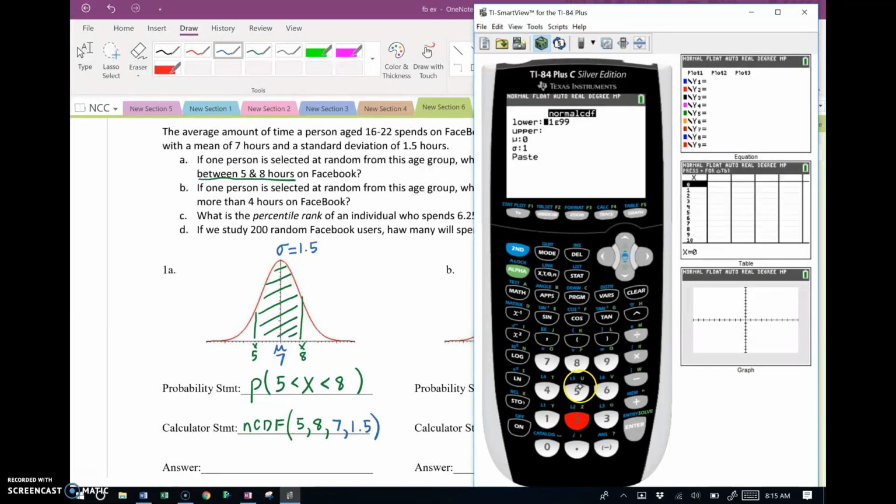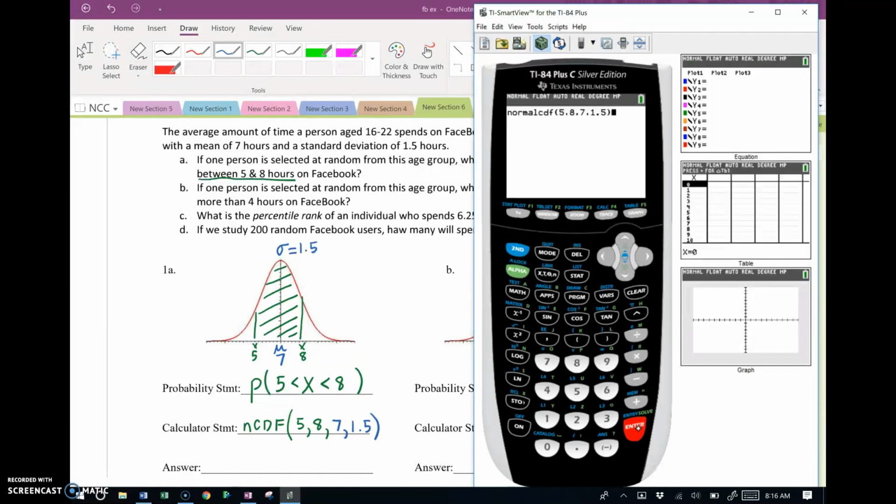So let me put these values in. The lower was 5, the upper was 8. The mean is 7, and the standard deviation is 1.5. When I hit paste, this is how it would look if you had an old version of the calculator. You wouldn't have seen that prior menu.